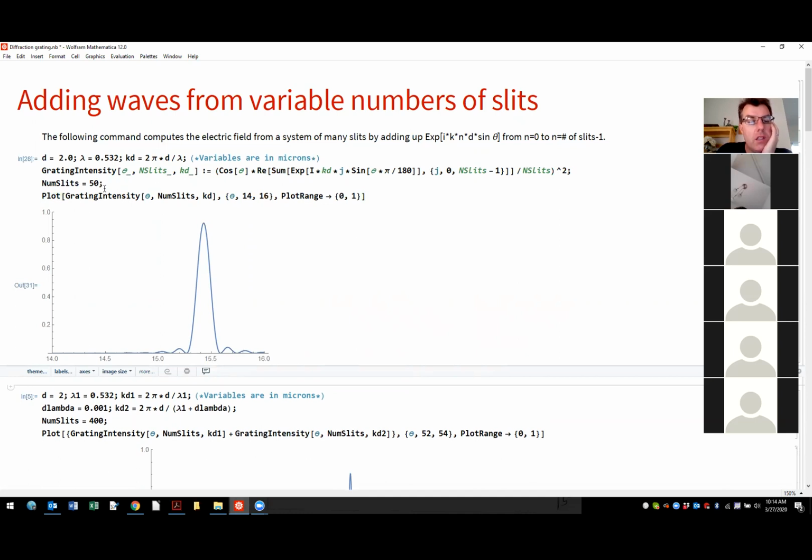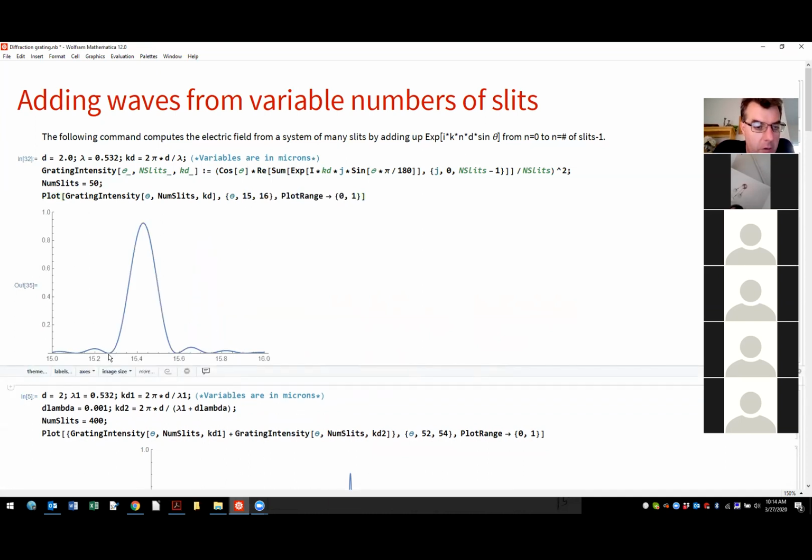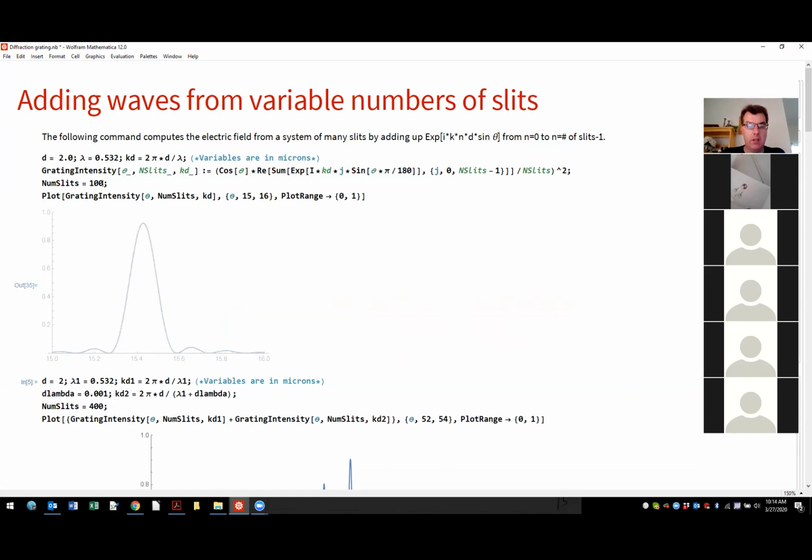All right, so let's see what happens here. Let's actually take it from 15 to 16 so that we can get a really clear view of where the zeros are. This is going from about 15.25 to 15.55. Now let's increase the number of slits. So 15.25 to 15.55, that's a width of about 0.3 degrees.